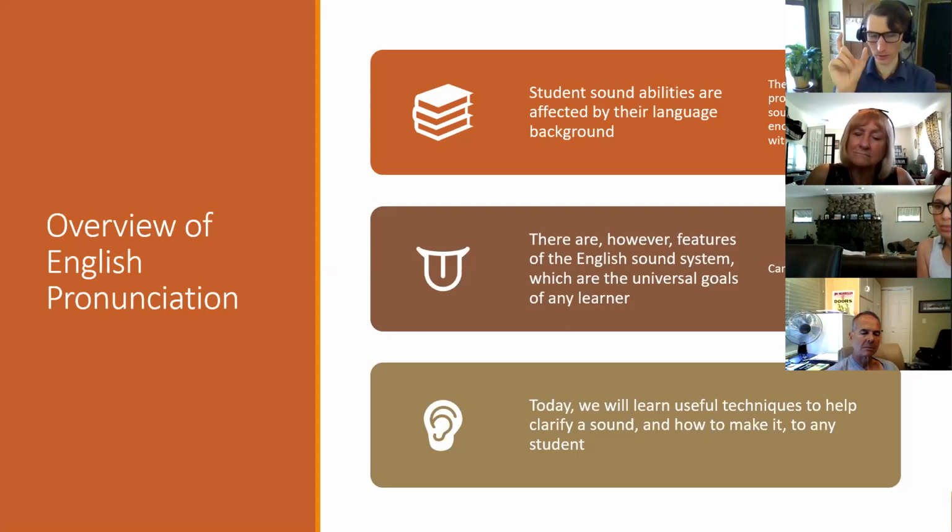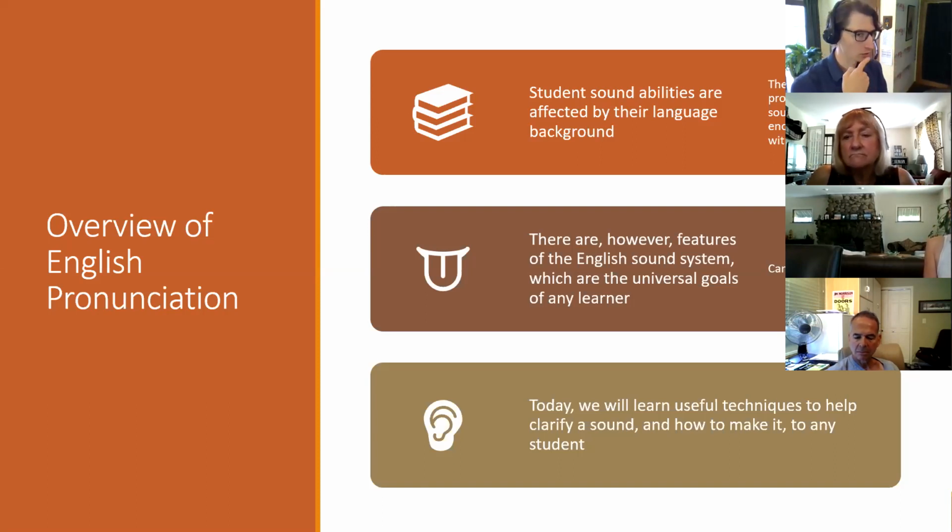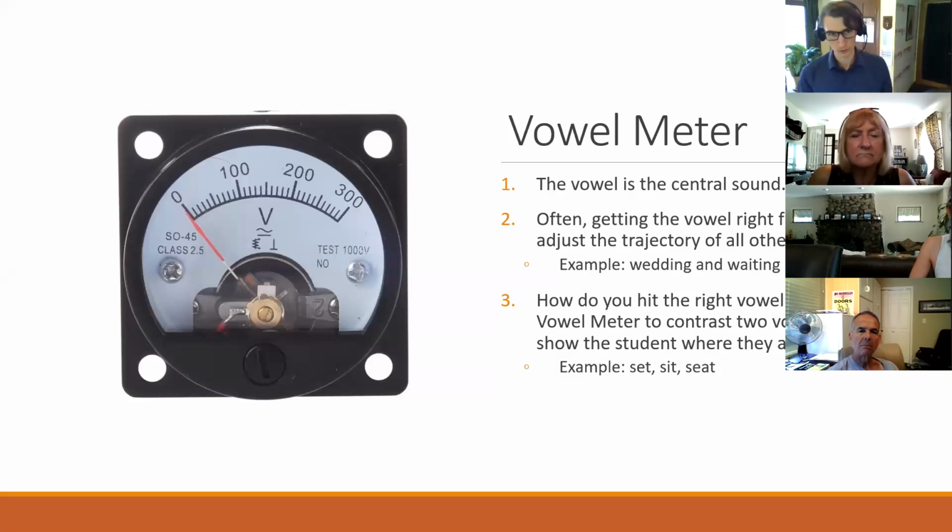English has, this might be a feature, a spelling system which is not straightforward. So you want to analyze the sound and explain it to the student clearly so they know which parts of their body to use to make it. Otherwise, they're basically shooting in the dark. Okay, so let's move on to the first technique.